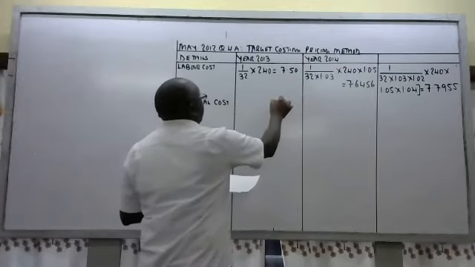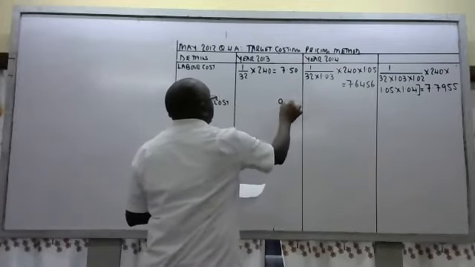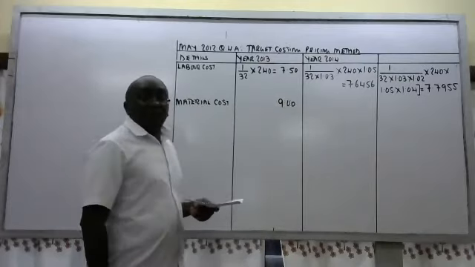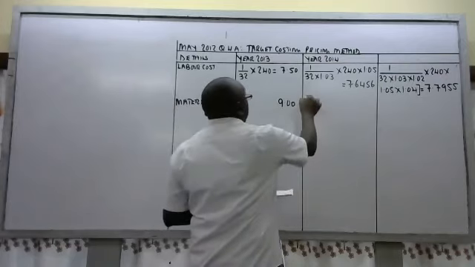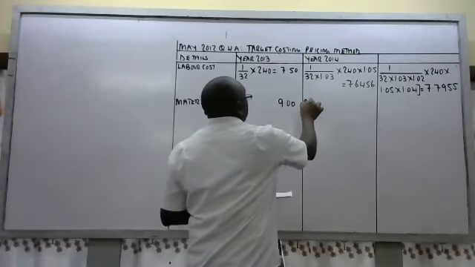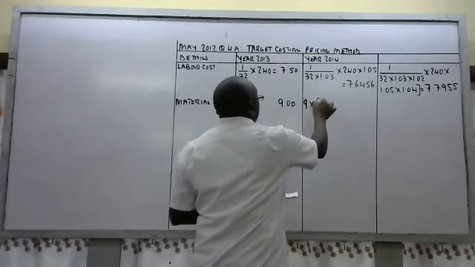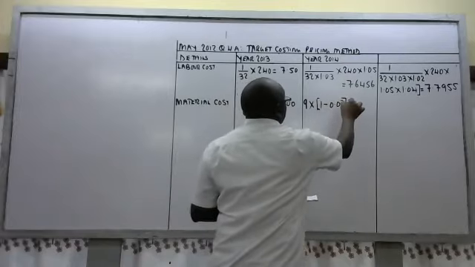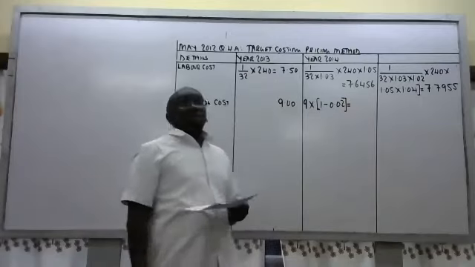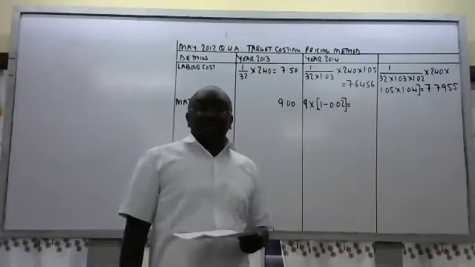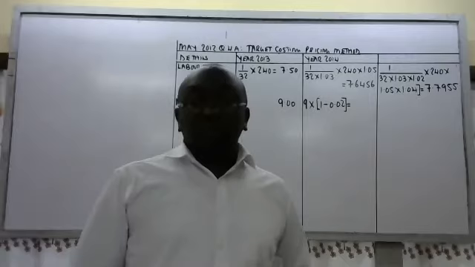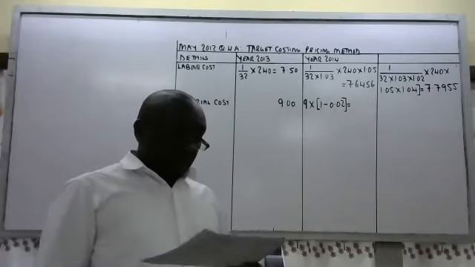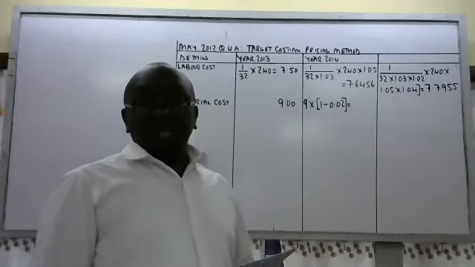We are told it is 9 bob in the first year. But going to the second year, it will reduce. So it will be 9 times 1 minus 0.02. It will reduce by 2%.